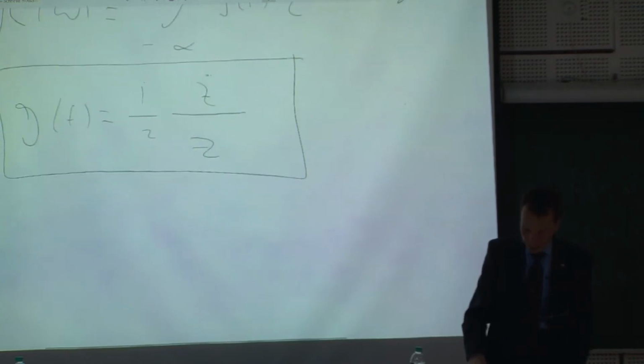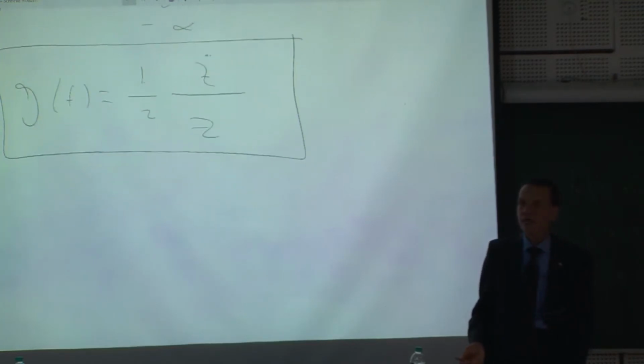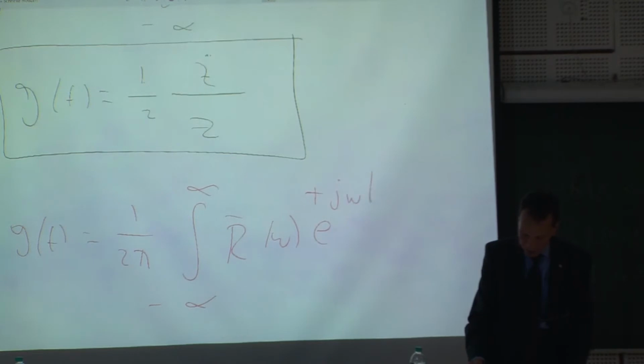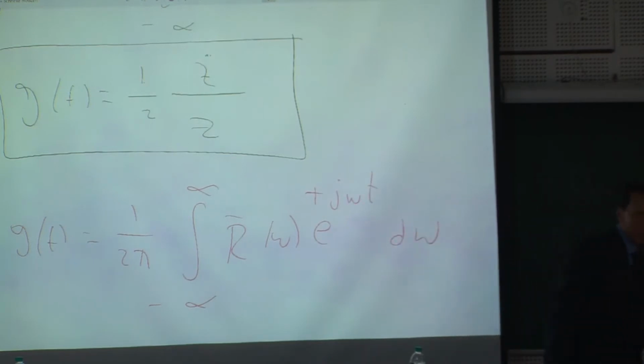The profile reconstruction becomes now very, very simple, because you can say g of t is 1/2 pi integral from minus infinity to infinity of R bar of omega e to the plus j omega t d omega. And this is our reconstruction equation.